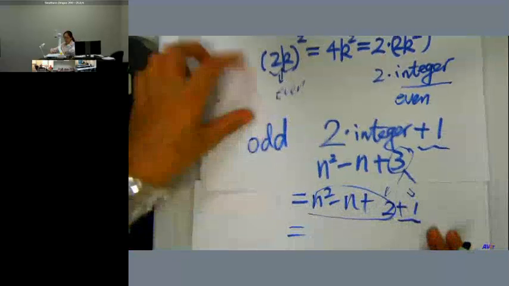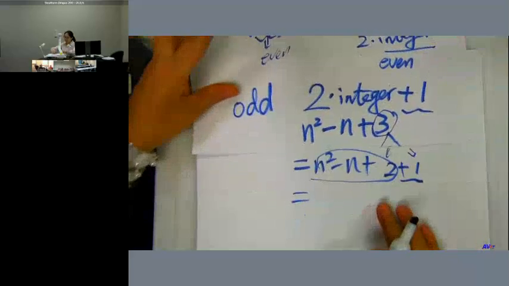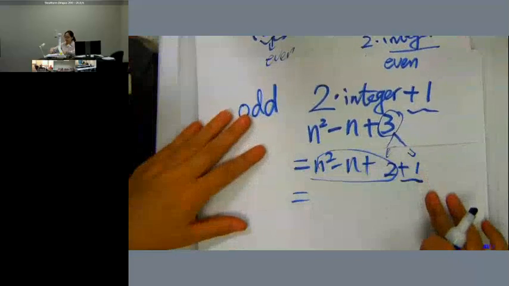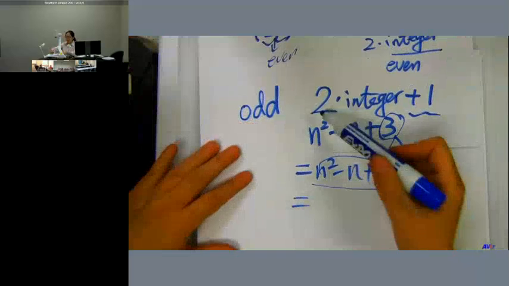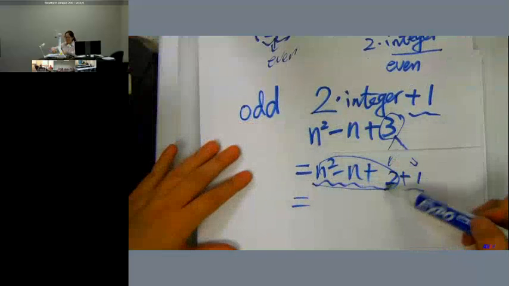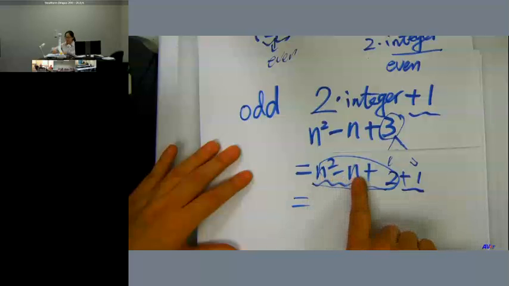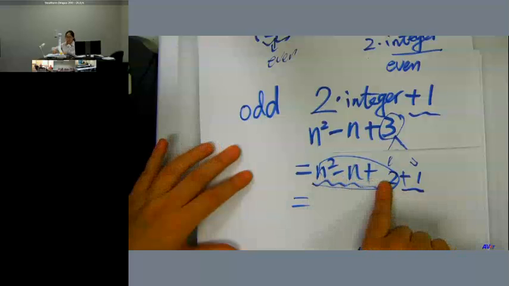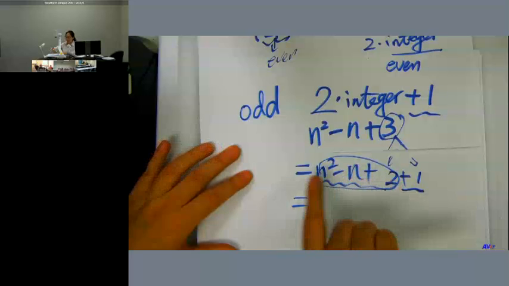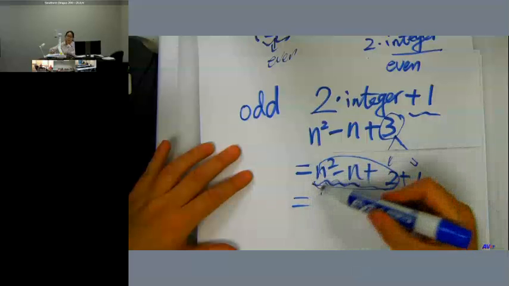Here's the problem. In order to show this expression is odd, you will need to factor out 2 from there. Can we factor 2 out of n squared minus n plus 2? Can we? No. Well, there is a factor 2 here, but there's not a factor 2 from n squared minus n.